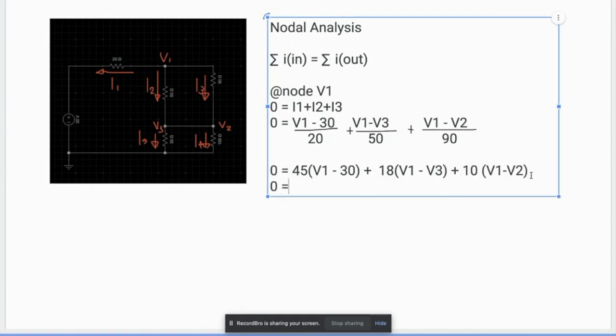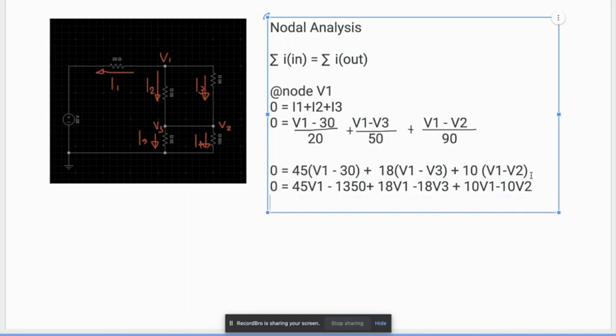So this will be 0 equal to 45 V1 minus 1350 plus 18 V1 minus 18 V3 plus 10 V1 minus 10 V2. So, equating it, that is 1350 equal to 73 V1 minus 10 V2 minus 18 V3. So, this is equation 1.